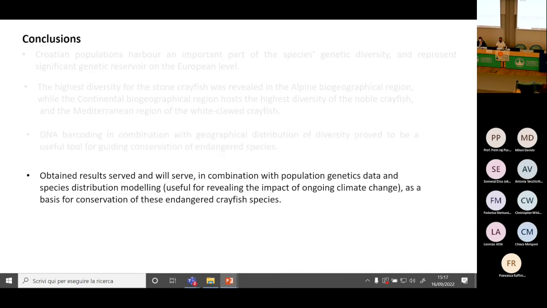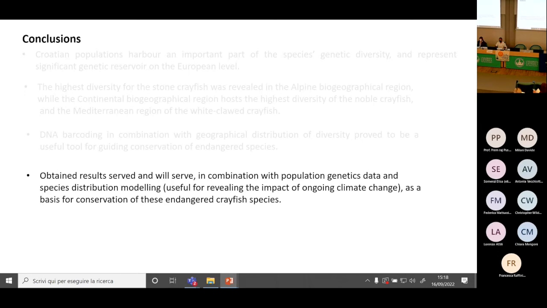Of course, we heard here many results and many ideas and suggestions on how deep we can go, and we are aware of that. We know that the obtained results will serve, and already served, in combination with population genetics data and species distribution modeling, as a basis for conservation of these endangered crayfish species.